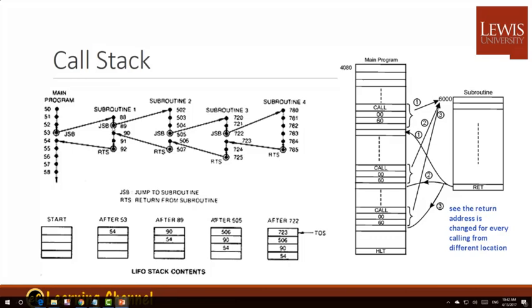And then we jump from 89 to 502, so we push that return address onto the stack too. Continuing that way, we have all the return addresses here. The return address is part of the call stack, and we call one such record a call frame.